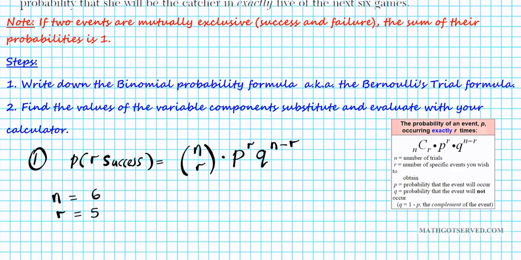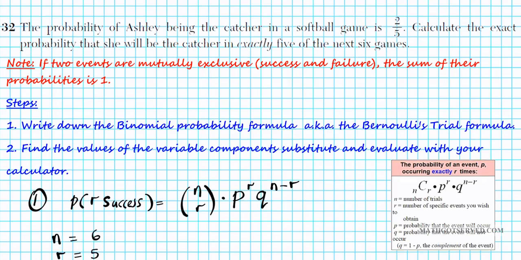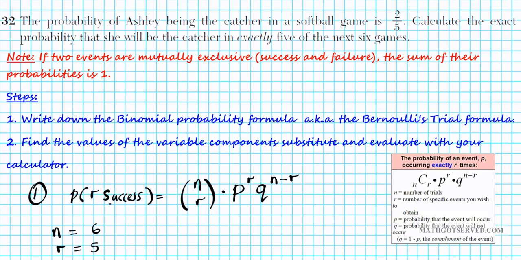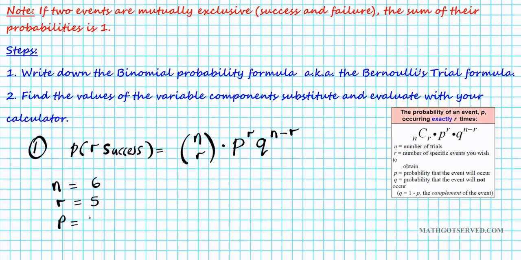All right, so next thing we need is p. p is the probability that she's a catcher. So what's the probability that Ashley is going to be a catcher? It's 2 out of 5. And then what's the probability that she is not a catcher?